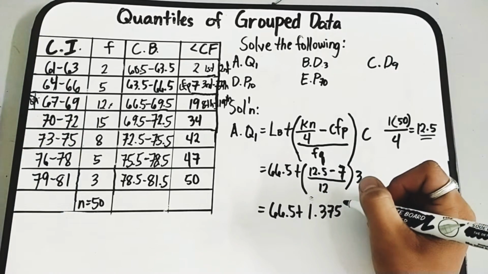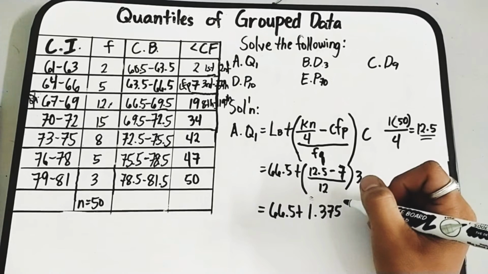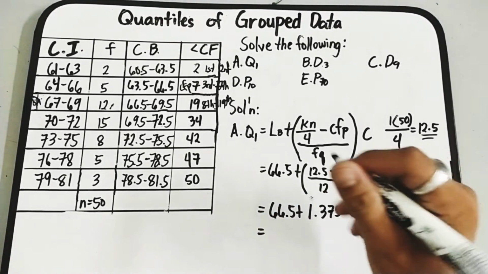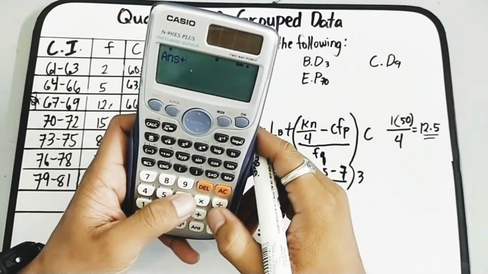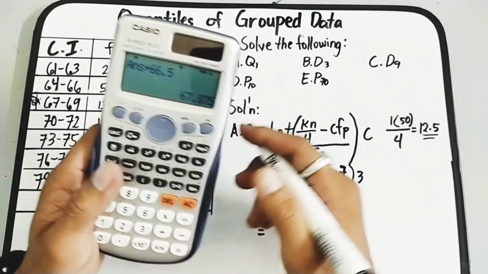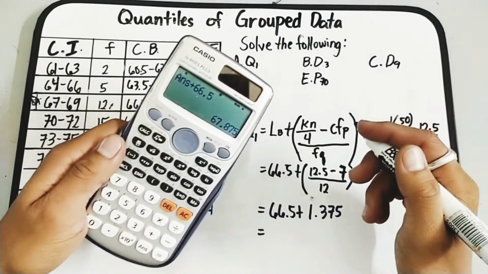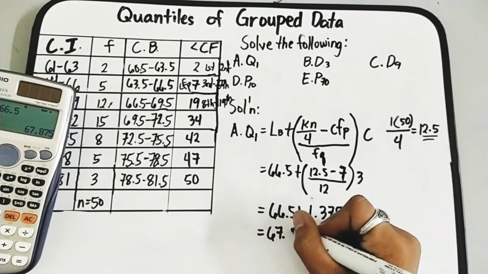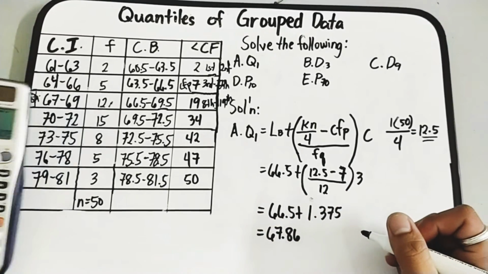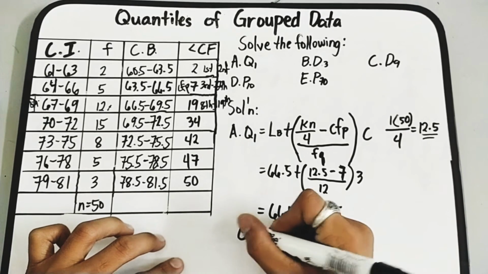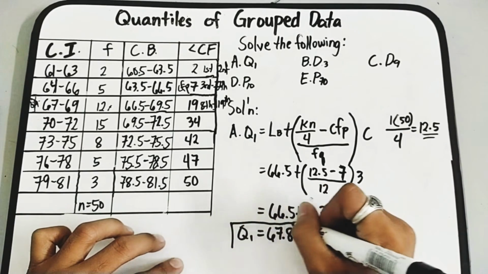Okay, 1.375. So, idagdag natin kay 66.5, our quartile is 67.86. Yeah. So, 67.86 yung ating quartile 1.